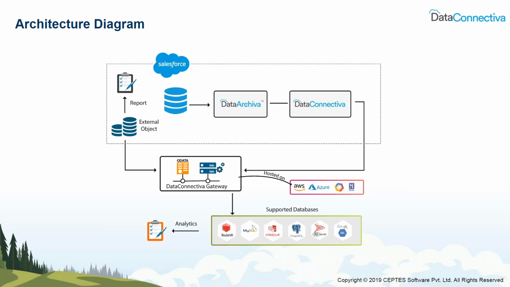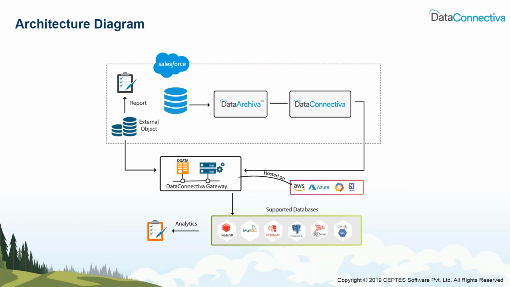The good part is that in Salesforce, you can create an external object pointed to this OData, which means your archived data, sitting on your relational database, can be directly linked into Salesforce using the external object, wherein any reports or any global search can also be performed against that. So that's one part of that.